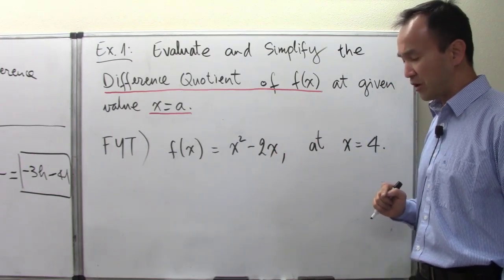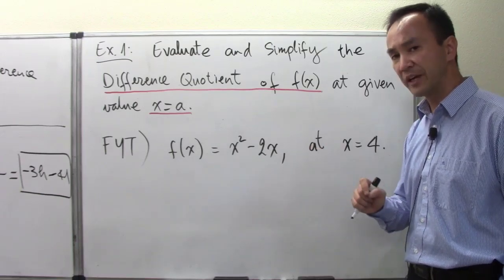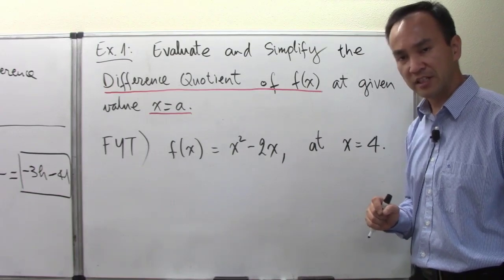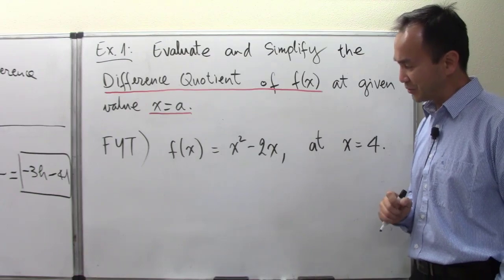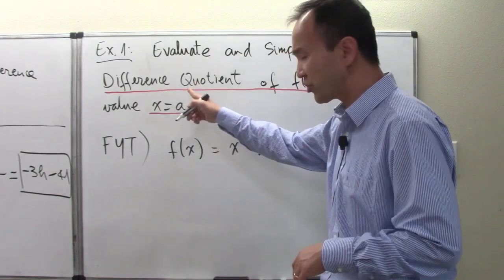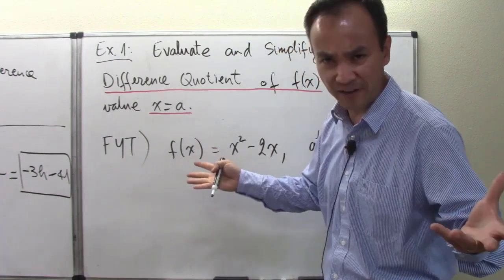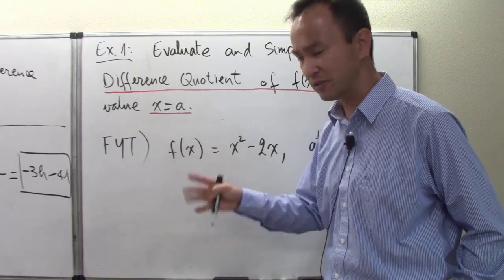Go ahead and take your time. Feel free to pause the video, and when you are ready and resume the video, I will simply write down the final simplified setup of this difference quotient. We never had a formal notation for a difference quotient, so we just have to call it by name.